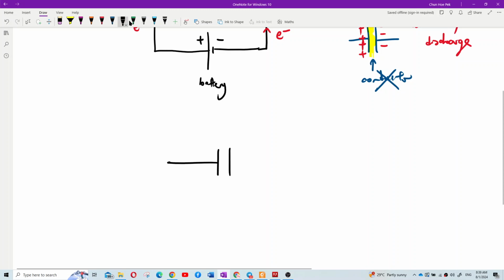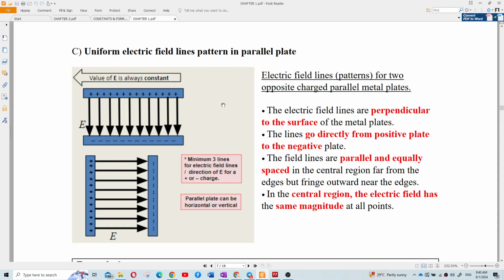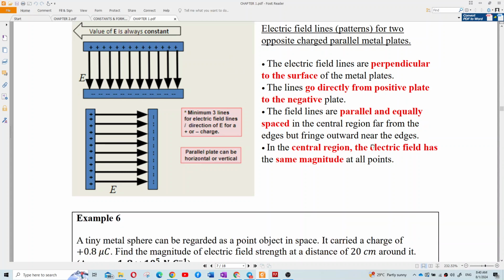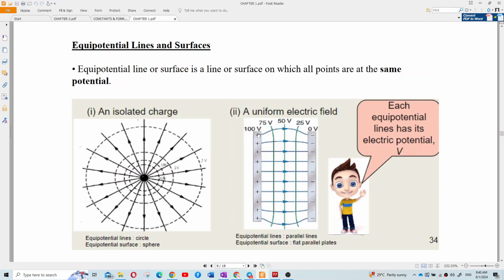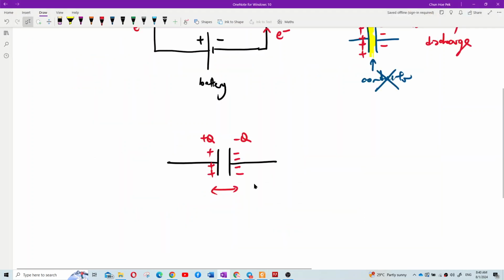When the capacitor stores positive Q and negative Q, in the previous chapter, Chapter 1, you saw the positive and negative plates. Why must we have them? Because we purposely want a potential difference, say 100 volt and 0 volt.